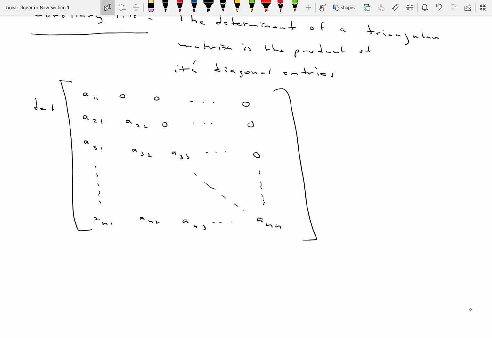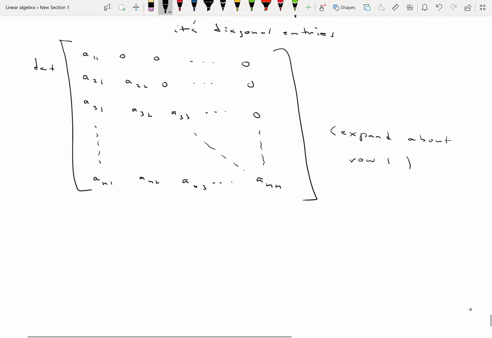Let's expand about row 1. If we expand about row 1, we're going to get A11 C11. That's it.